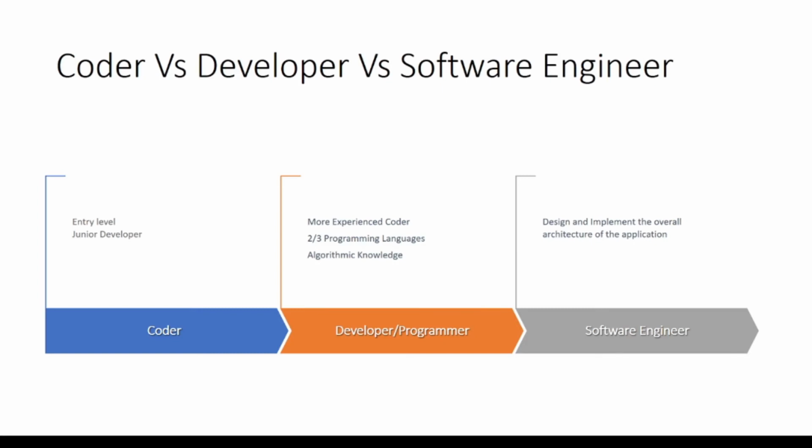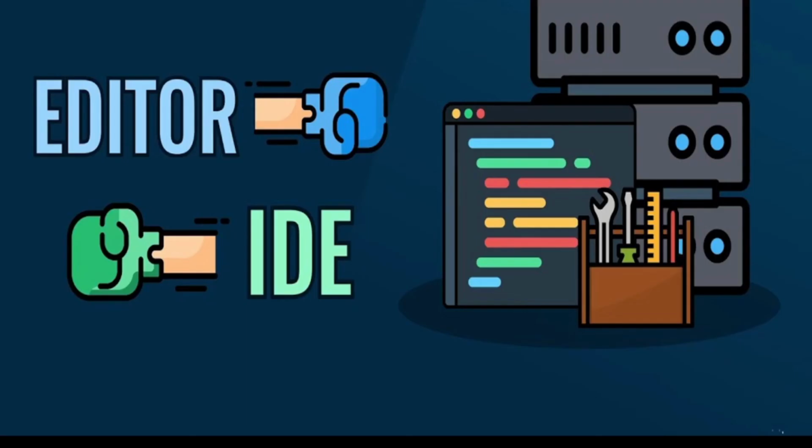Further up the ladder, a software engineer would design and implement the overall architecture of an application. At an entry level, you will also need to understand the difference between an editor and an integrated development environment. We would use IDEs in general, but a serious senior software developer would be more happy with editors.